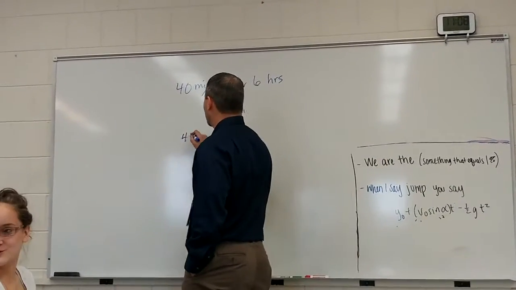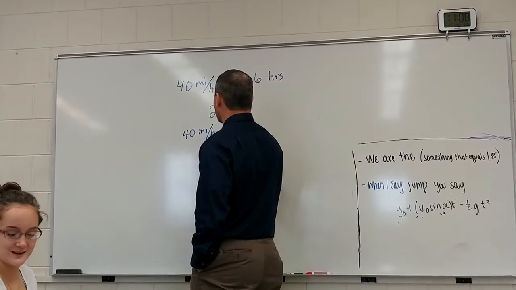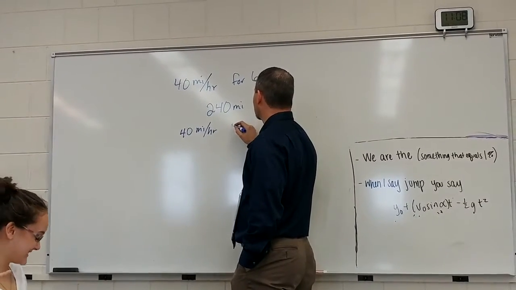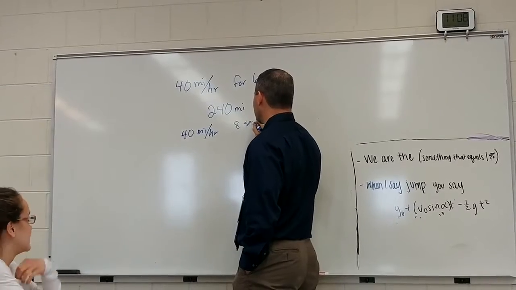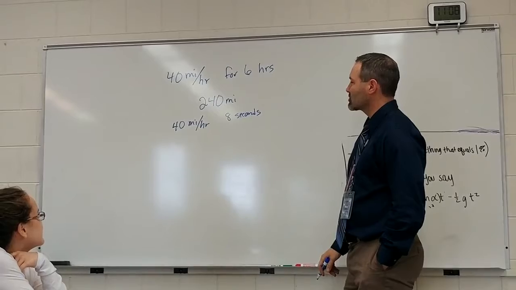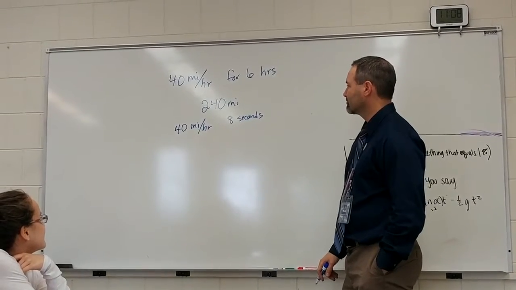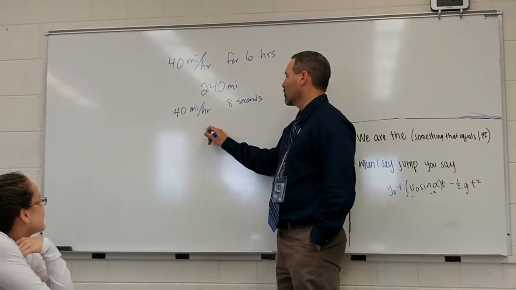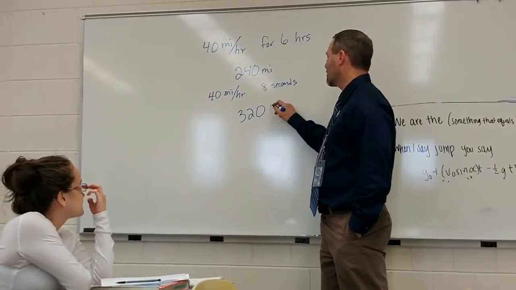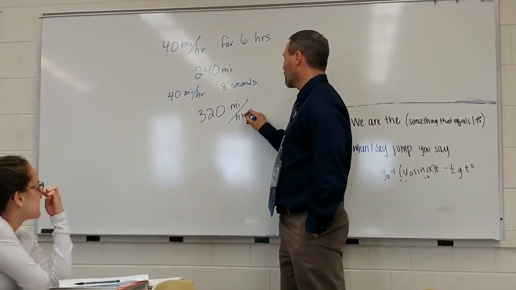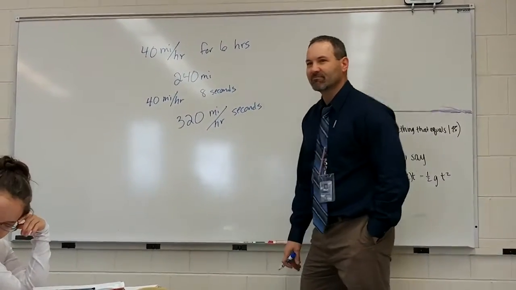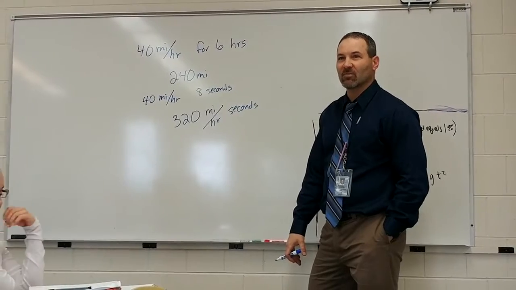All right, so if I go 40 miles per hour for 8 seconds, how far have I traveled? A fraction of a mile. You might want to convert. 320 mile-per-hour-seconds. Well, technically you're right.